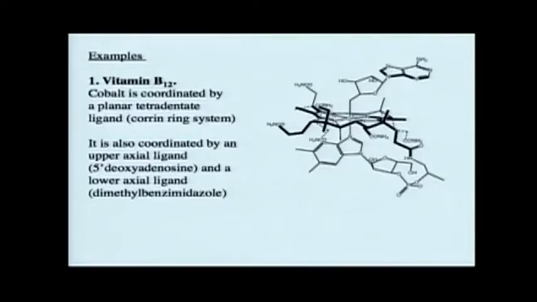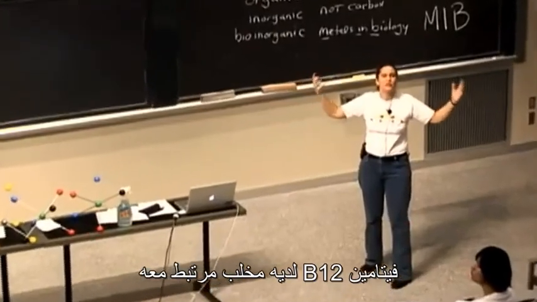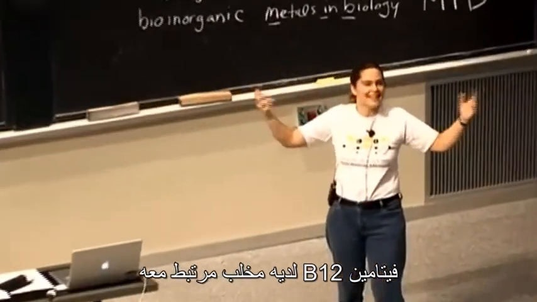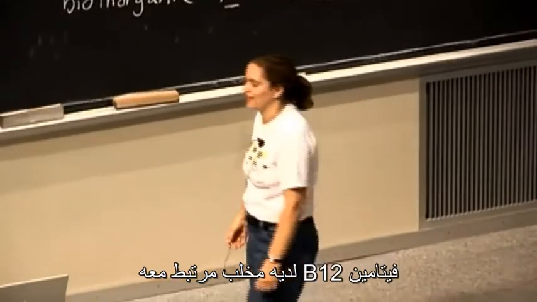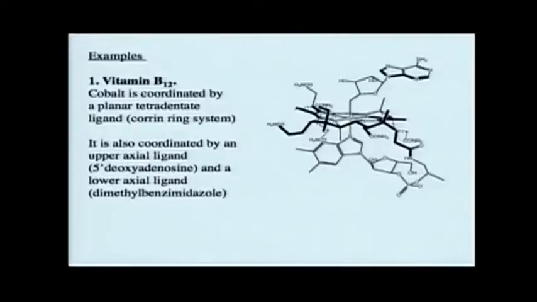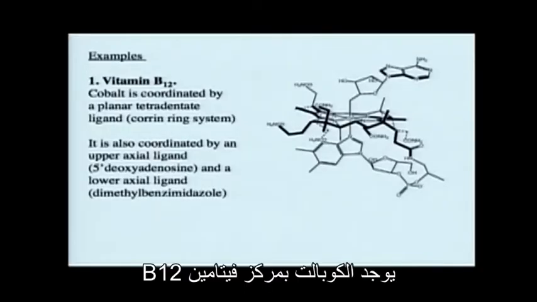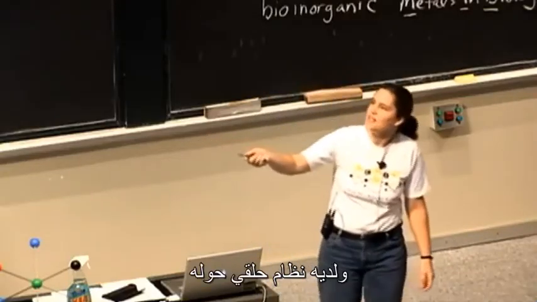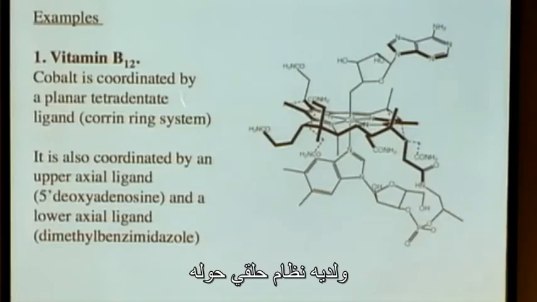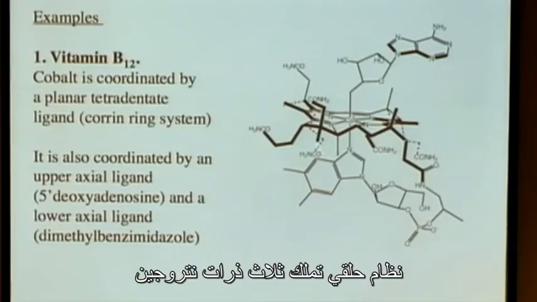Of course, you know it, vitamin B12 has a chelating ligand associated with it. So cobalt is in the middle of vitamin B12, and it has a ring system around it. And the ring system has these nitrogens.